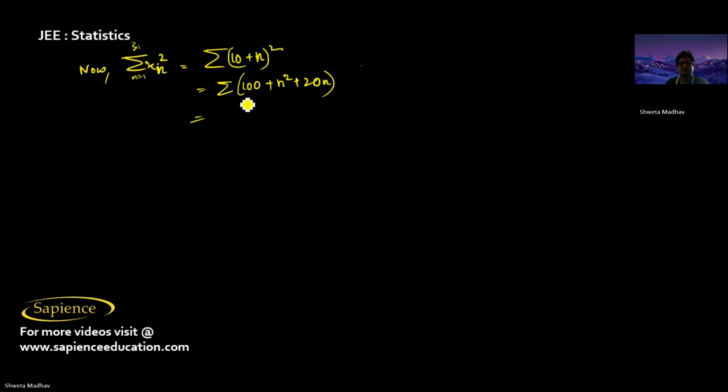It will be 100 into 31 plus summation of n square, that is 1 square plus 2 square plus up to 31 square, plus 20 into summation n, that is 1 plus 2 plus up to 31.